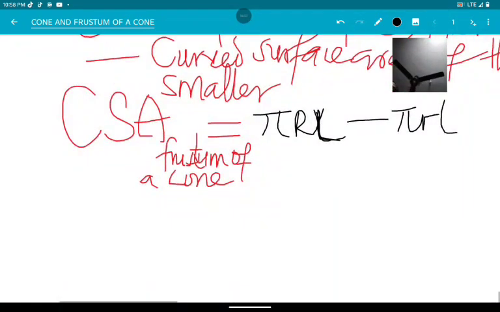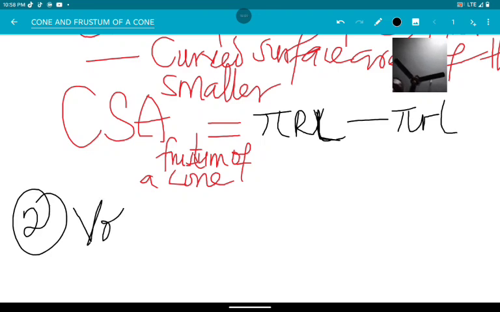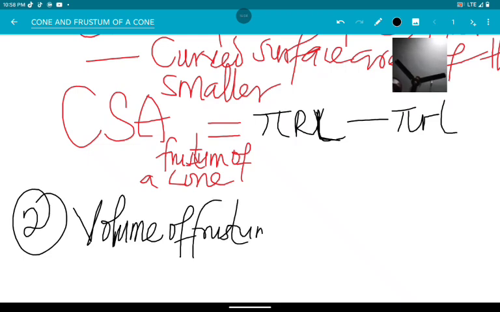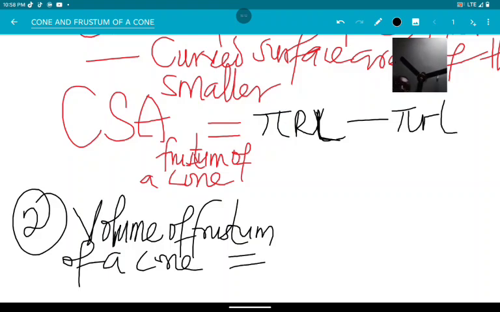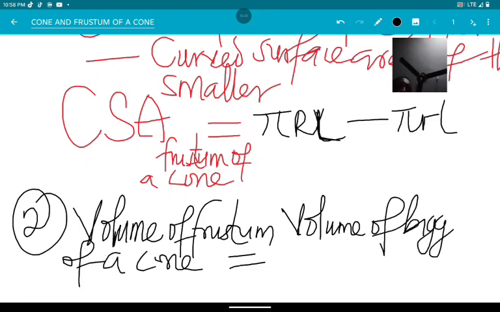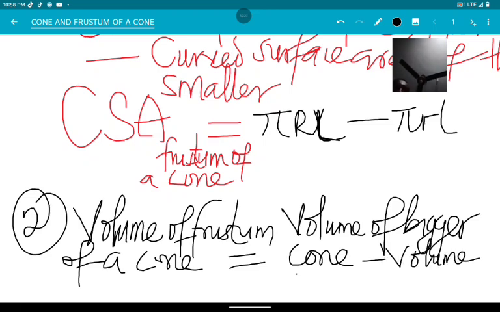That's number one. Number two, if you're asked to calculate the volume of a frustum of a cone, I want to say volume of the bigger cone minus volume of the smaller cone.